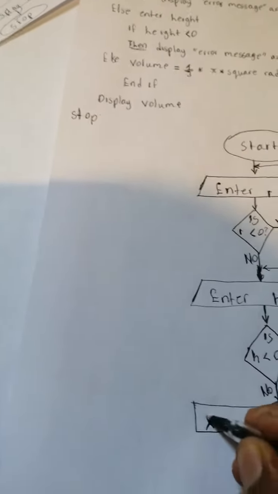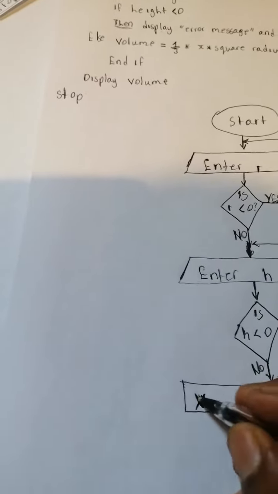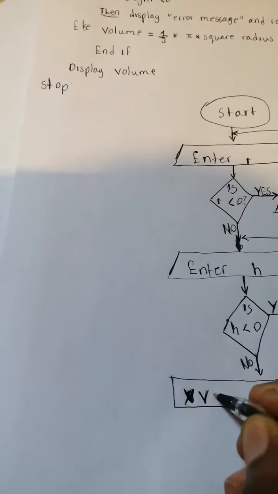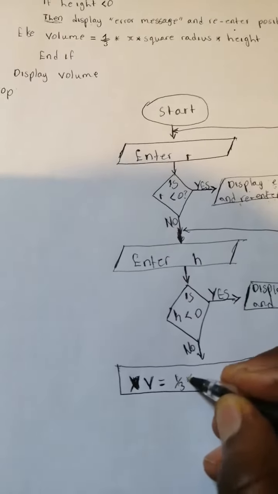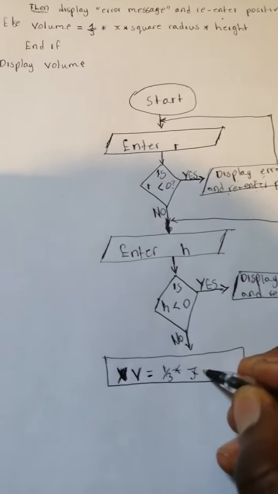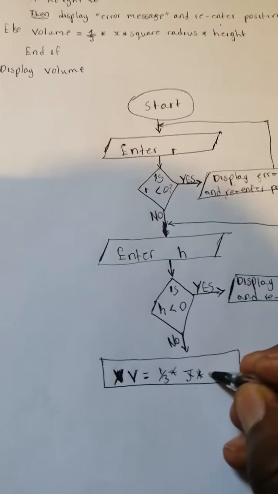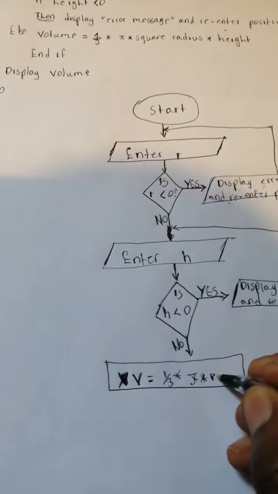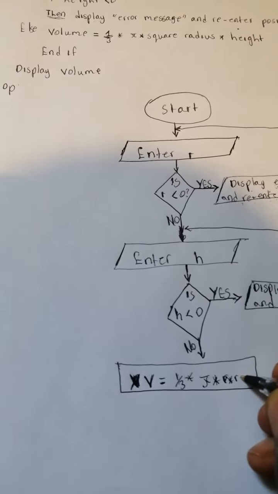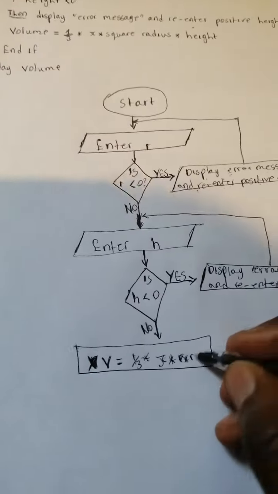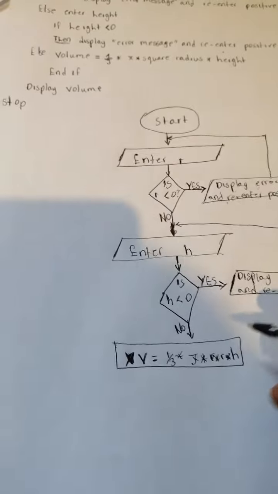Sorry, should be V. V is equal to 1/3 times pi times square radius. So square radius, we're going to say times r again, times h, like that for this.